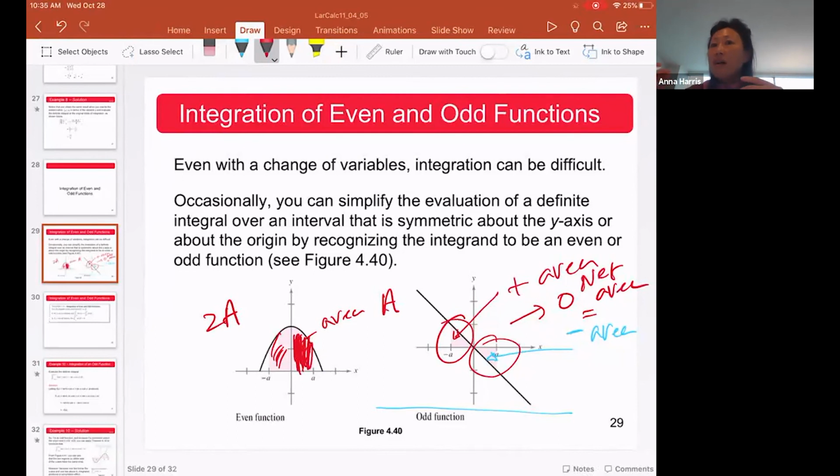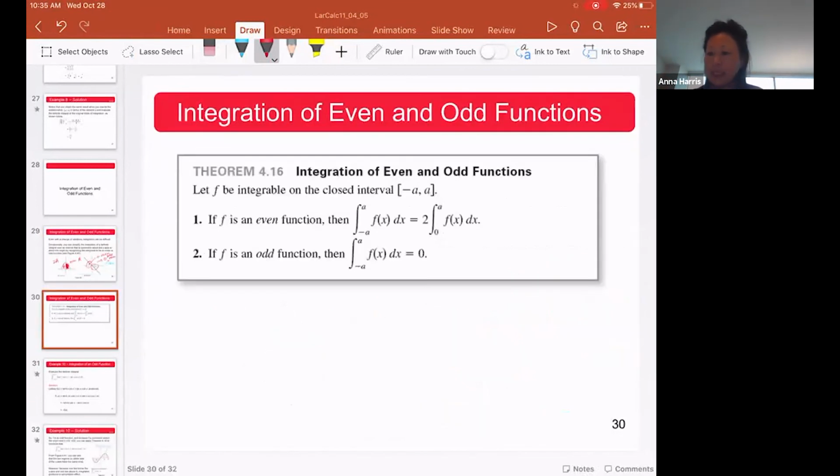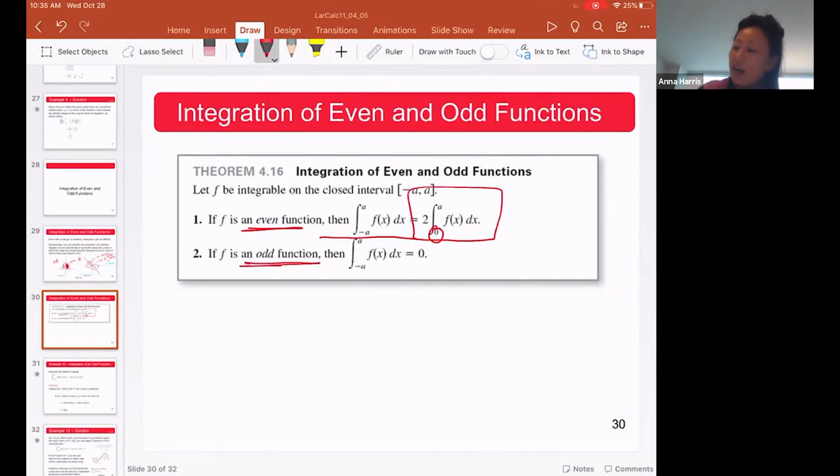That gives you twice as much, because it's an even function, it's exactly the same. So this is what they're talking about. If it's an even function, that's the same as multiplying by 2, but this time you're evaluating from 0 to a. And for the odd function, you get a 0, because your negative area and your positive area are exactly the same.